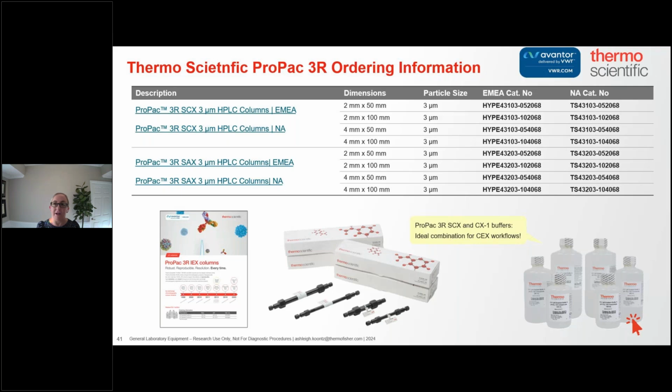That can be very impactful on your method. If you don't have the proper pH, even a 0.1 point difference can impact the separation and create some challenges with technical reproducibility. So the CX1 buffers are a good way to provide a little additional assurance and speed up your method development, as this is a linear pH gradient offering.